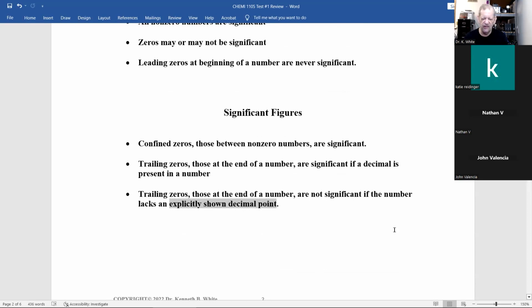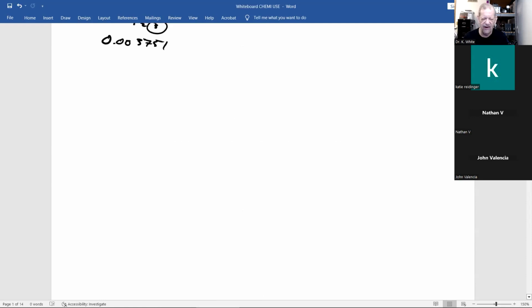You should know these rules. I will never ask on the test what are the rules, but I'll expect you to know how to apply it. So you should know how to do this now. I'm going to abbreviate, but on a test I would not. I'll type this out.